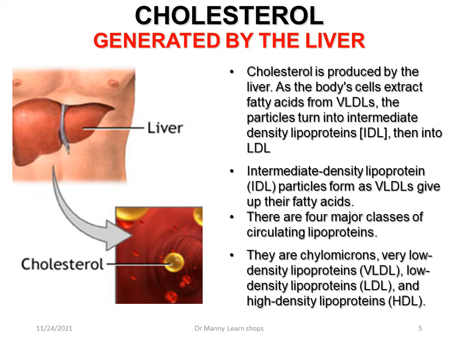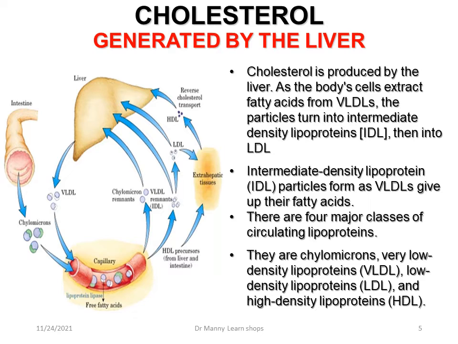Now, intermediate density lipoproteins form as very low density lipoproteins give up their fatty acids. There are 4 major classes of circulating lipoproteins. They're the chylomicrons, which come from the small intestine. You've got the very low density lipoproteins, you've got the low density lipoproteins, and you've got the high density lipoproteins. All are important, but if they become excessive, they can become problematic.